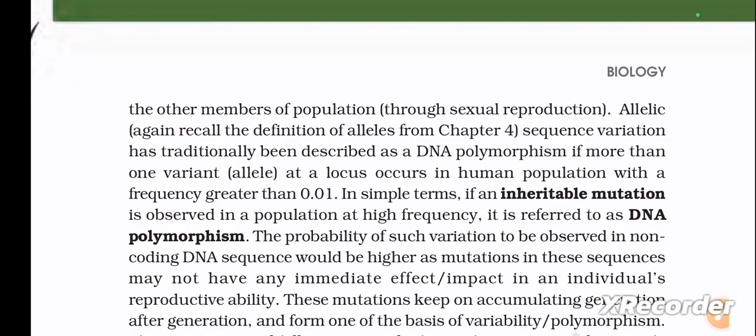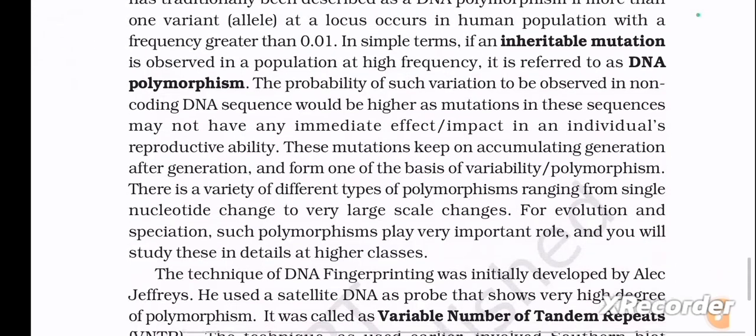The probability of such variation to be observed in non-coding DNA sequence would be higher as mutations in these sequences may not have any immediate effect or impact in an individual's reproductive ability. These mutations keep on accumulating generation after generation and form one of the bases of variability or polymorphism.